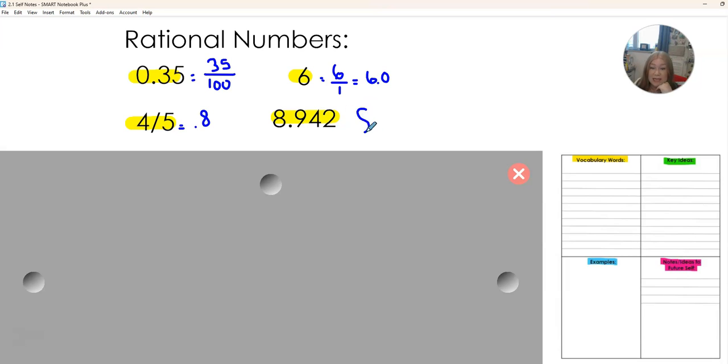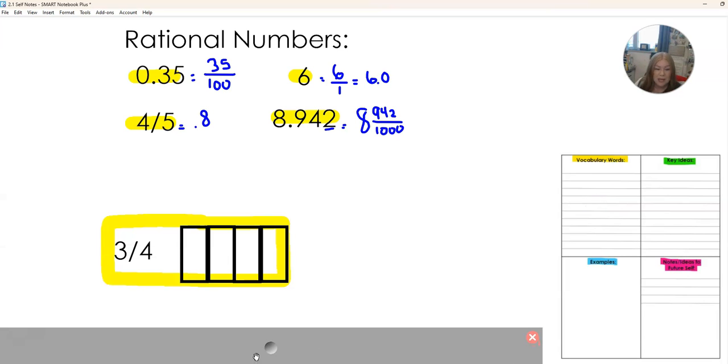So I could write that as 8 and 942 out of 1,000, because that 2 is in the thousands place. So it can be written as a fraction, and it's a nice ending decimal number. So there we have some examples to go with our definition that was a little bit confusing, to demonstrate that there. And then go ahead and draw 3/4 and shade it in.